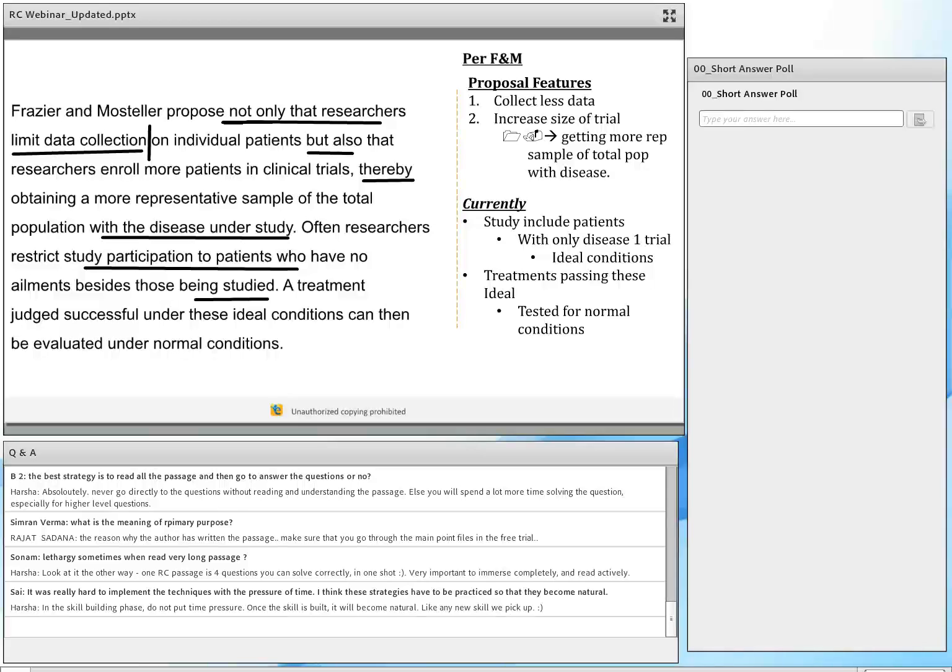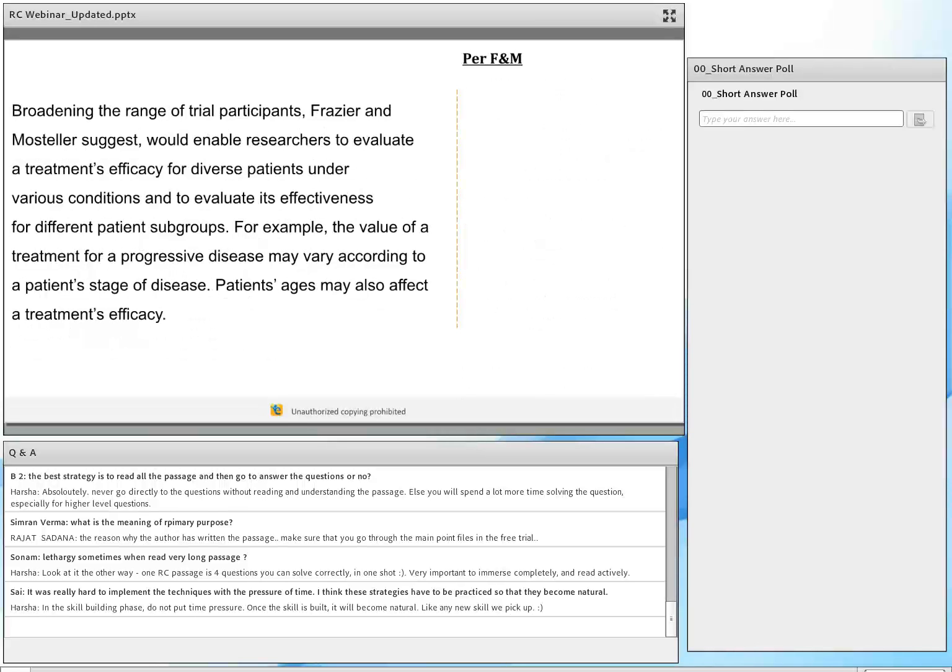So essentially, when you think about this, there's a second proposal by FNM over here. And what is that proposal? Larger trial. And the author explains the benefits of larger trial over here. Then let's move forward. Then there is the continuing chain of thought over here.